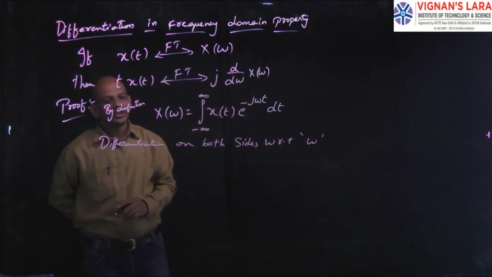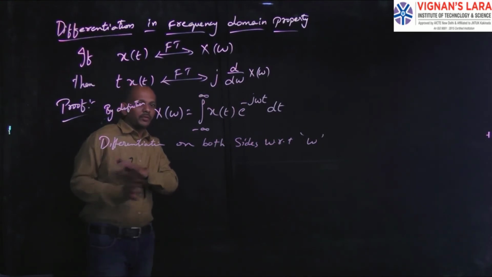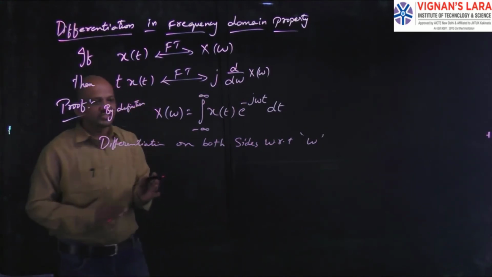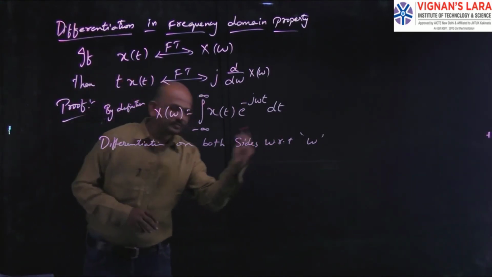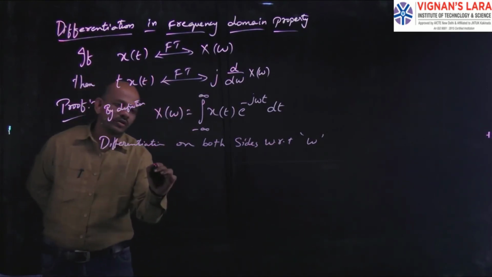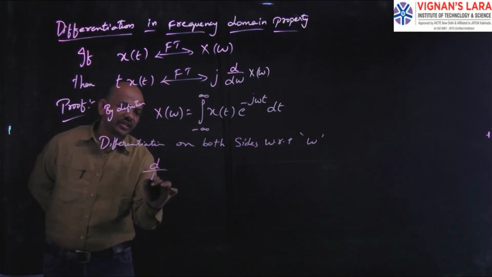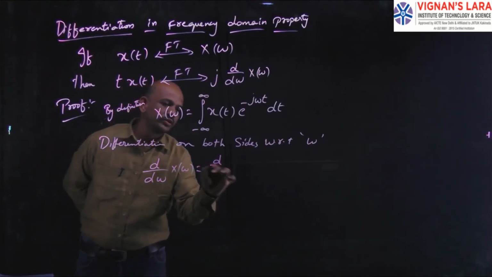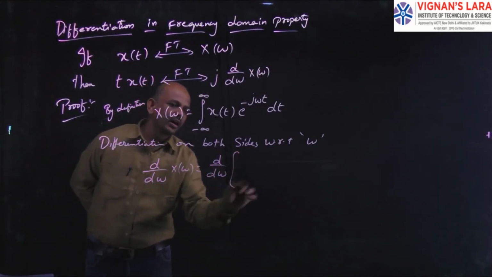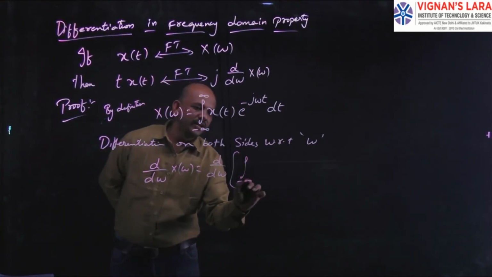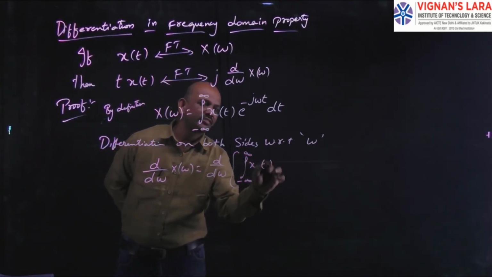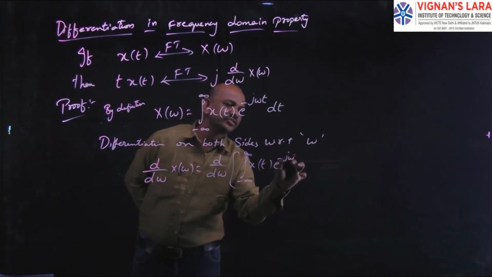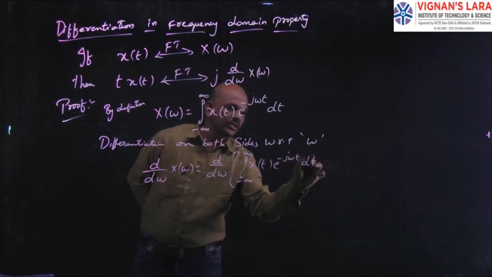What will we get? d by d omega of X of omega equals d by d omega of the integral from minus infinity to infinity of x of t e power minus j omega t dt.